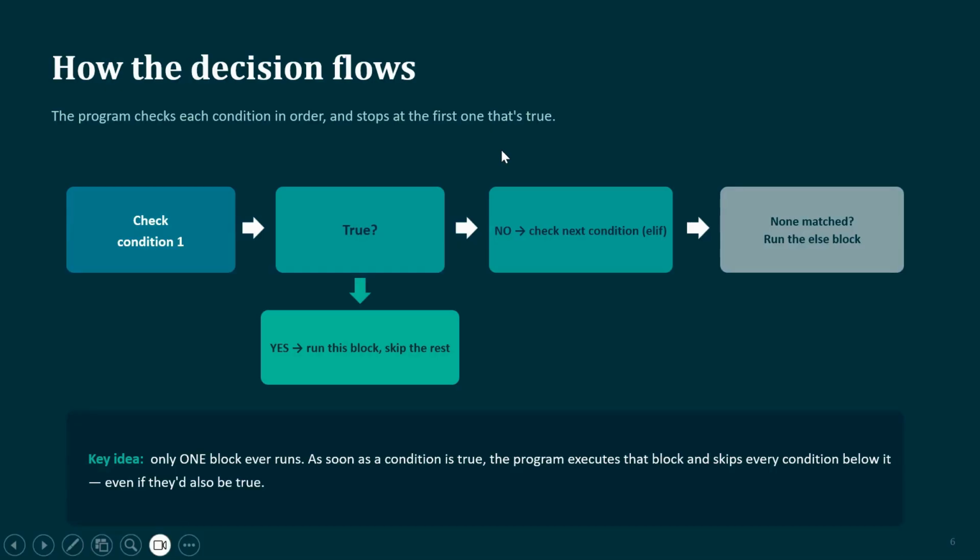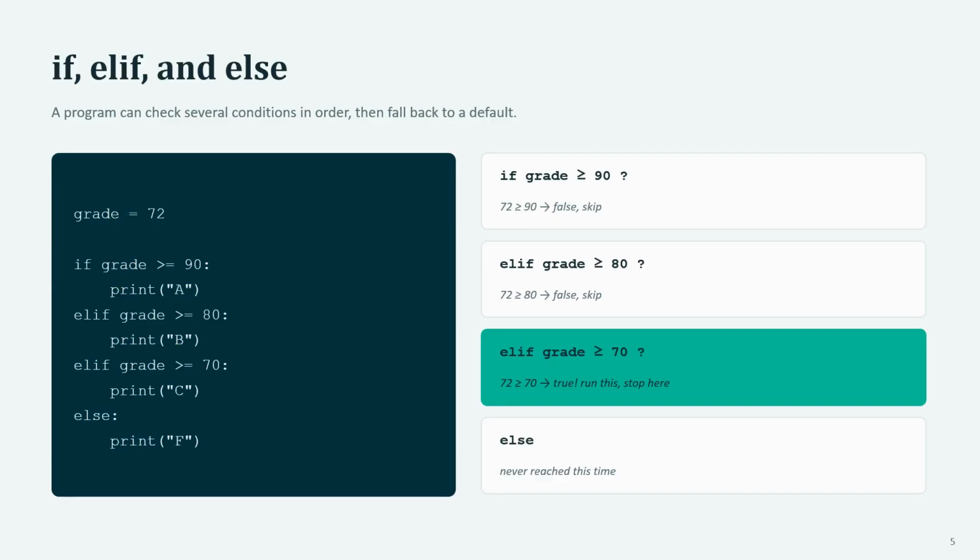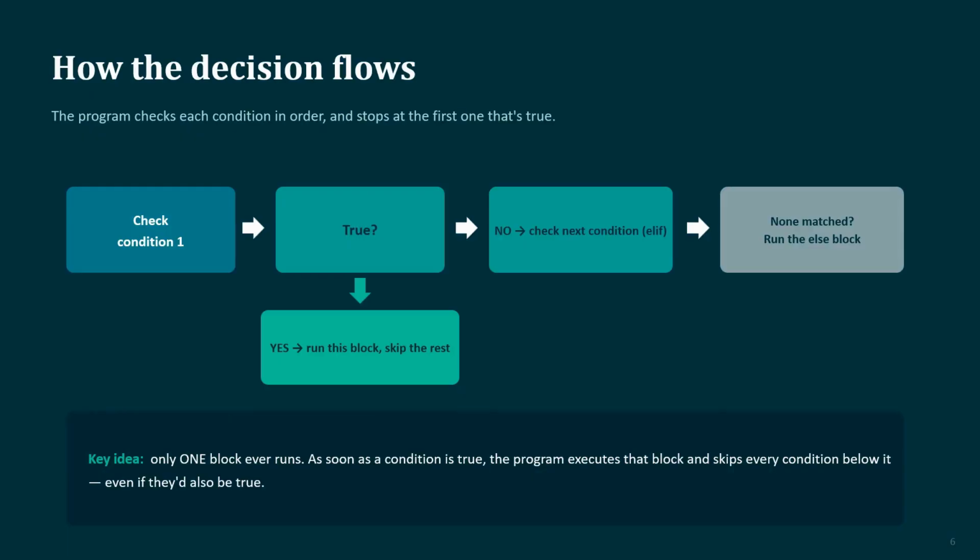So that was if, else if and elif, and how the flow goes. The program checks the conditions in order and stops at the first one that's true. As I told you, first it checks the first one. If any condition is satisfied at any step, then the others will not execute.